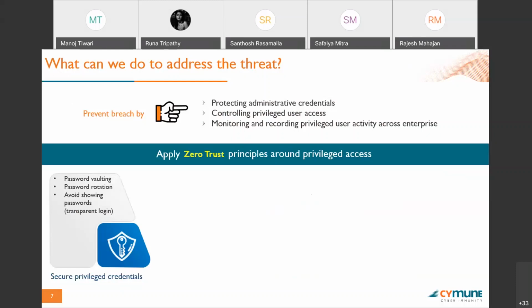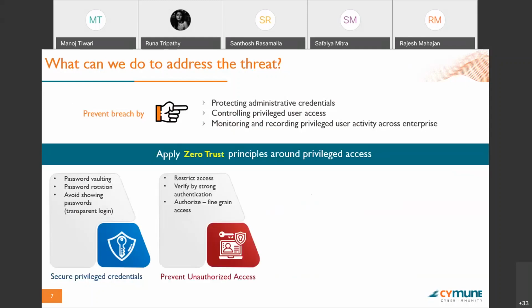So this is one way of protecting your passwords, you can vault your passwords, and you can also rotate the passwords very often. And you can stop showing the passwords in plain text to the users, and you can give him some kind of single sign-on or transparent login so that the administrators just click something and access the system without really seeing the password.